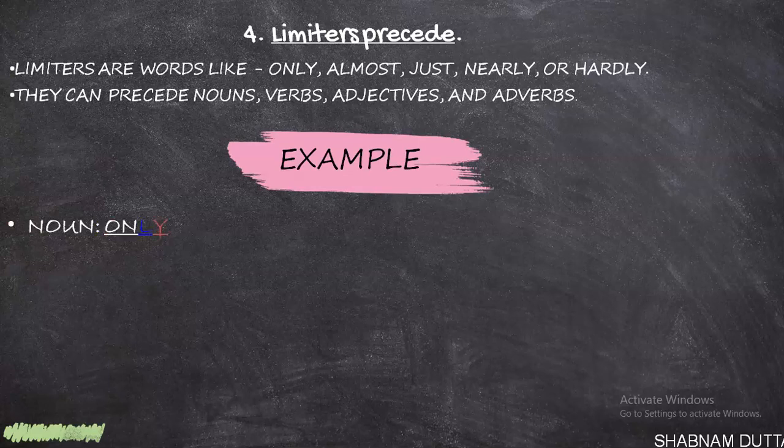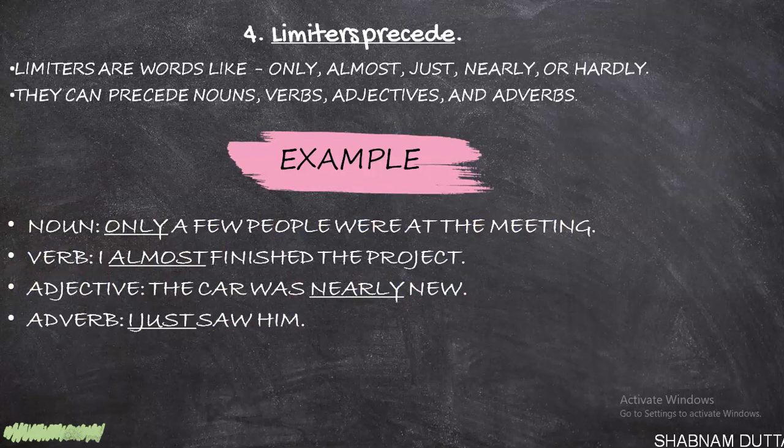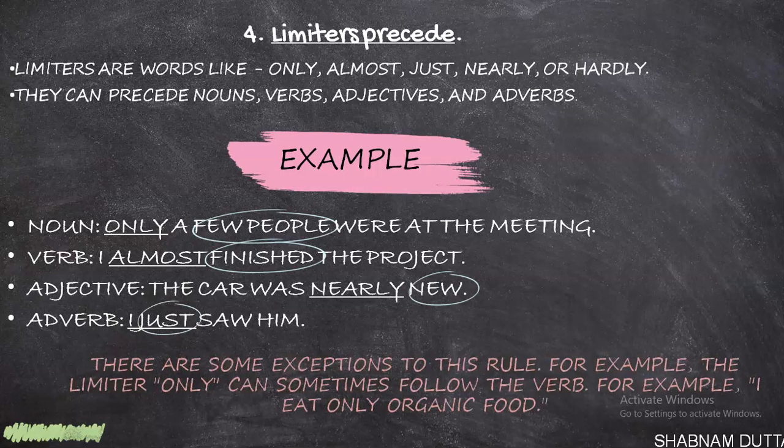Example: in the first sentence, the limiter is preceding the noun phrase few people. The limiter there is only. Only a few people were at the meeting. In the second sentence, the limiter almost is preceding the verb finished. In the third sentence, the limiter nearly is preceding the adjective new.